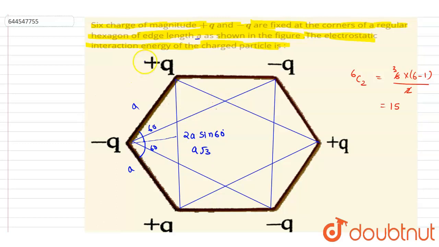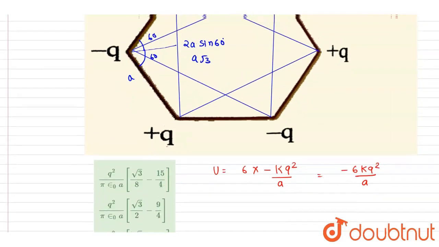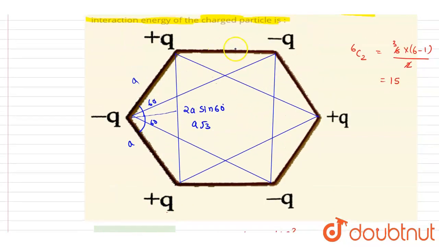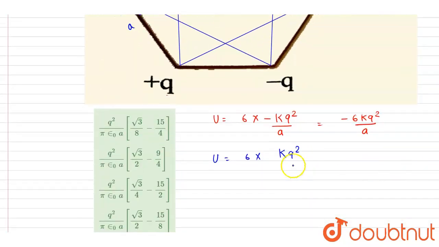Alright, so if you see the positive, negative, it will be positive only, and there are 6 pairs, so we'll write down the potential energy. Because of them, it is 6 into KQ square, with a positive sign now, and in division we'll write down A root 3.